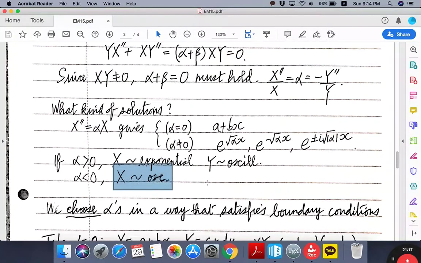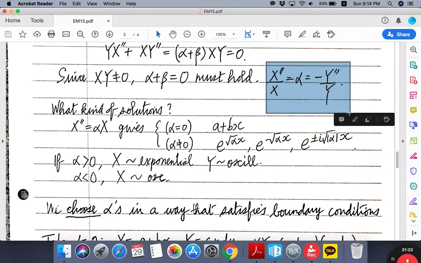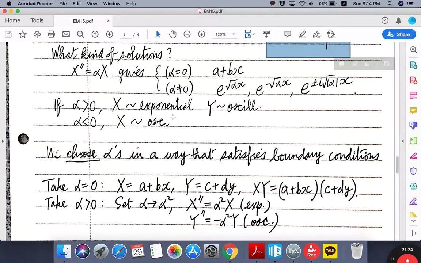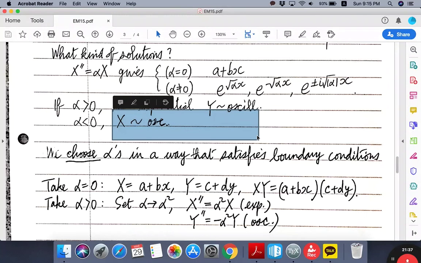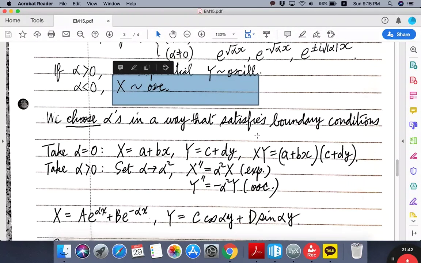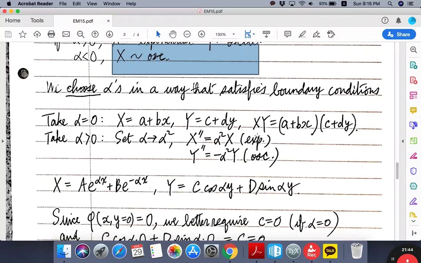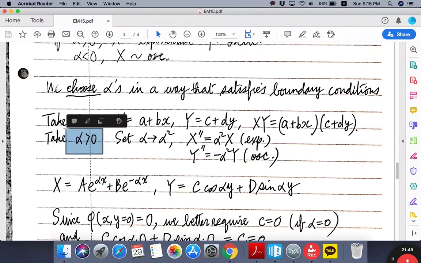But since all that is known at this moment is that alpha is some constant, we don't know whether the ultimate nature of the solution will be x exponential and y oscillatory, or x oscillatory and y exponential. That all depends on the exact nature of the problem that we have to face. Okay, but we're going to march on bravely, saying why not take alpha positive?